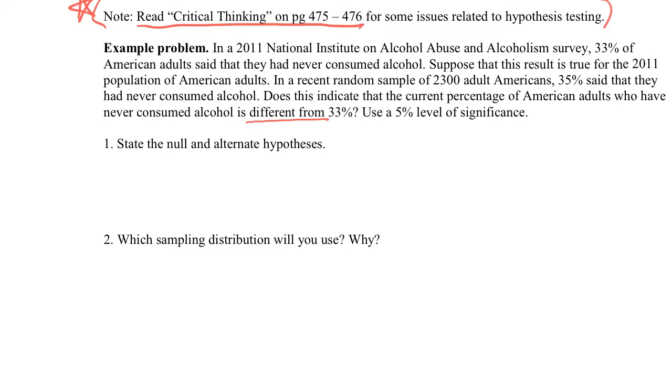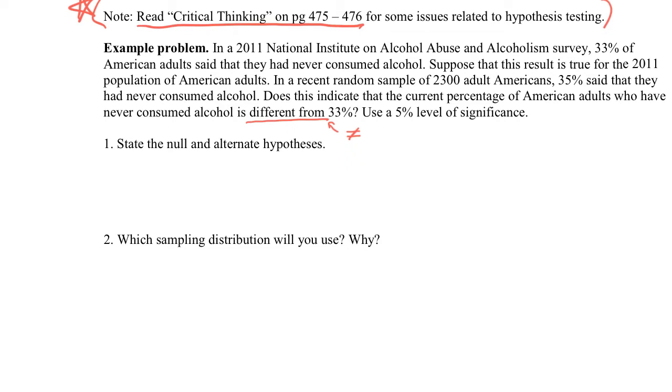We've seen greater than or less than a lot of times. Different from, mathematically, is like saying not equal to. So this is actually going to be a two-tailed test. And it tells us to use a 5% level of significance, so that's our alpha level.